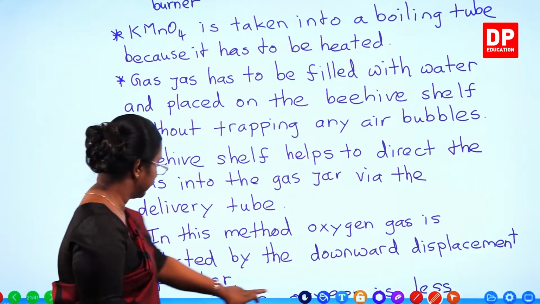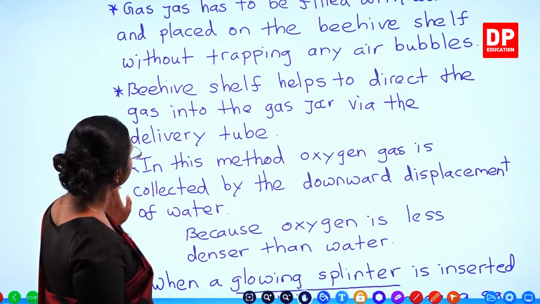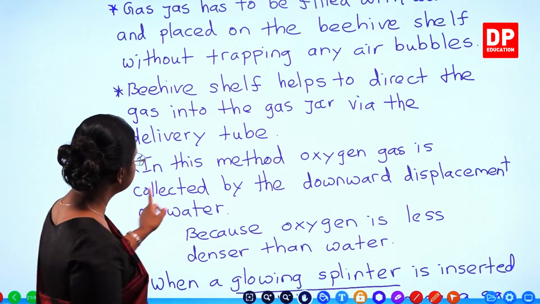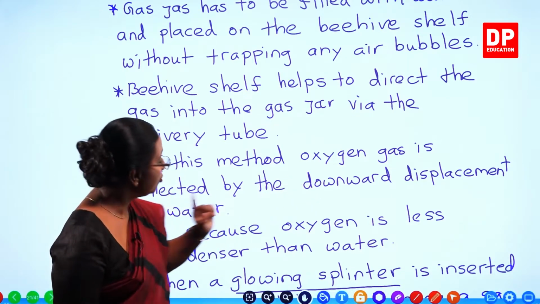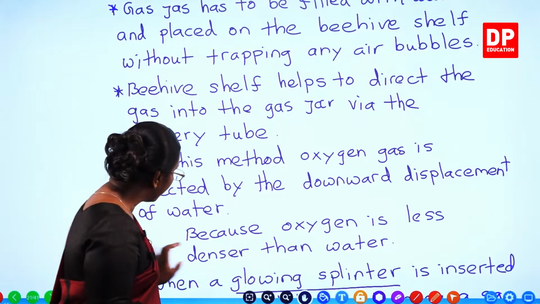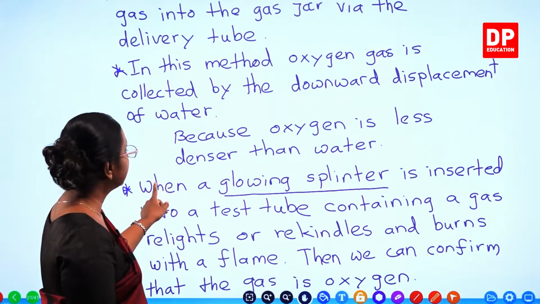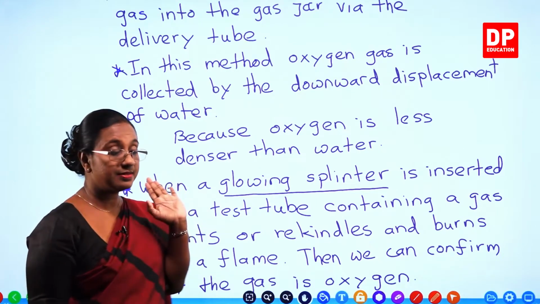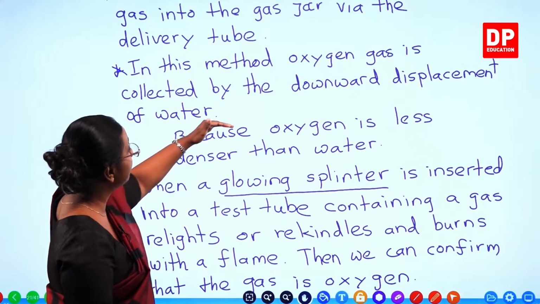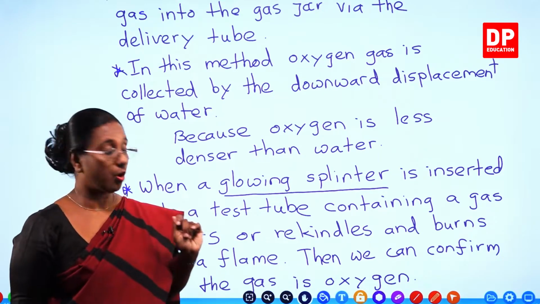And in this process, what is the method that we use? In this method, oxygen gas is collected by the downward displacement of water. So you have to remember that. What is the reason there? Because oxygen is less denser than water. That is the reason why we are able to collect it by the downward displacement of water.